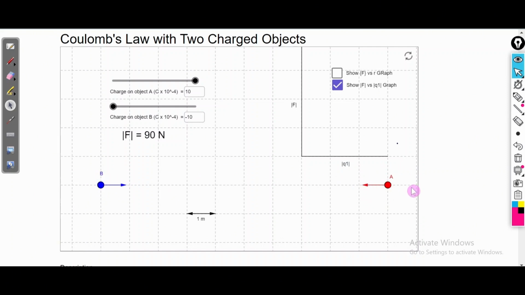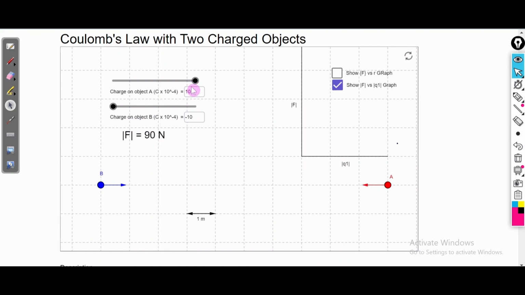If I increase the charge on this object, the force between them will also increase. And if we decrease the charge on the objects, the force between them will also decrease.